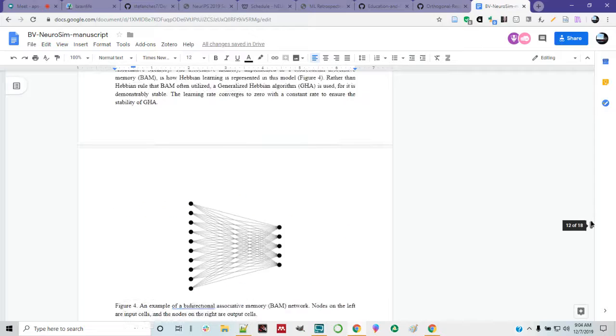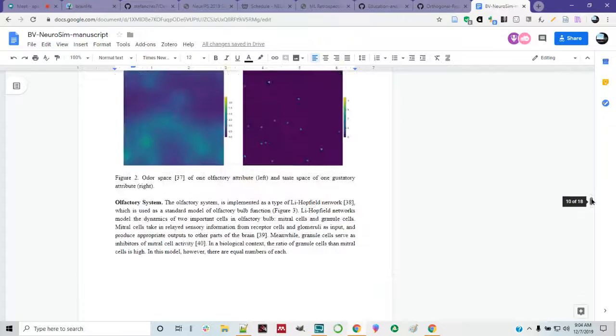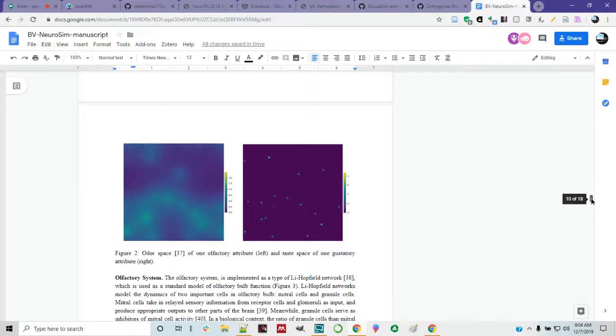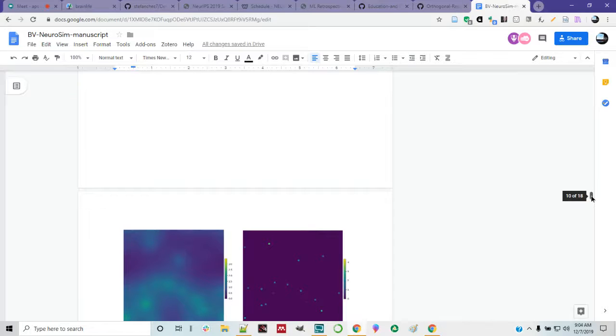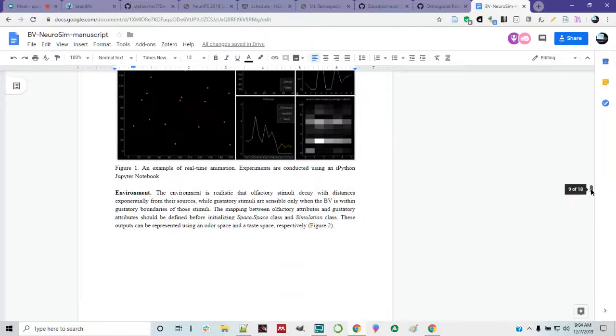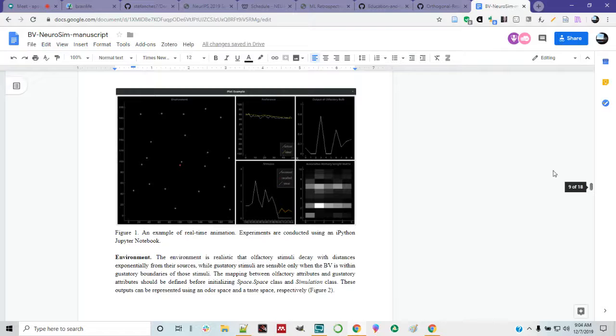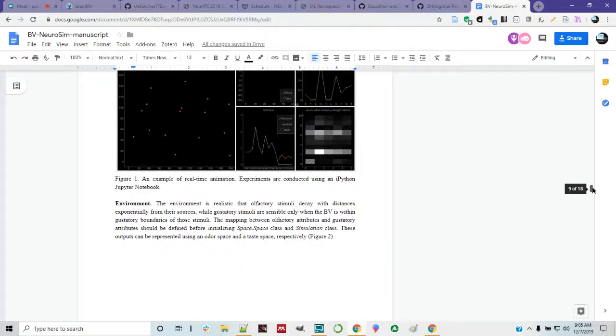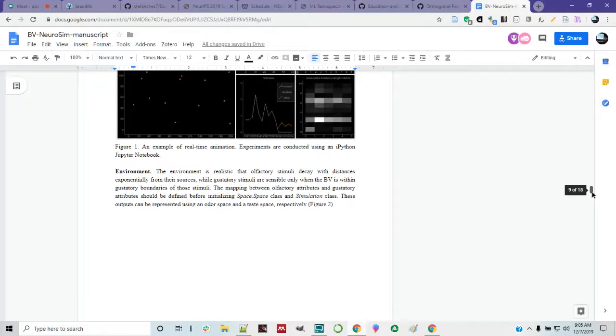It isn't really an experiment. Here are some screenshots of the world. That might be good for this section. This is an example of a real-time animation, so you go through some of the attributes of the animation and how it might be used. That's the idea here and how to write this part up.